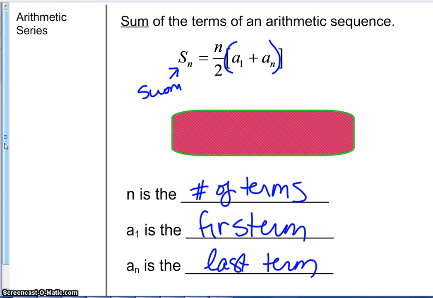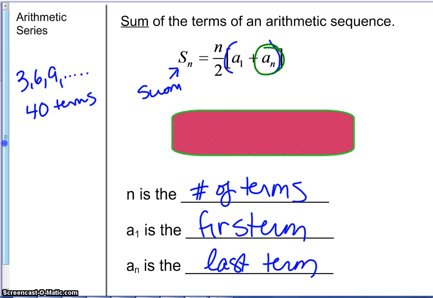Now, there are lots of times where you're not given the last term. They might give you a problem like 3, 6, 9, 12, 15, and so on, and ask what if you add up the first 40 terms?